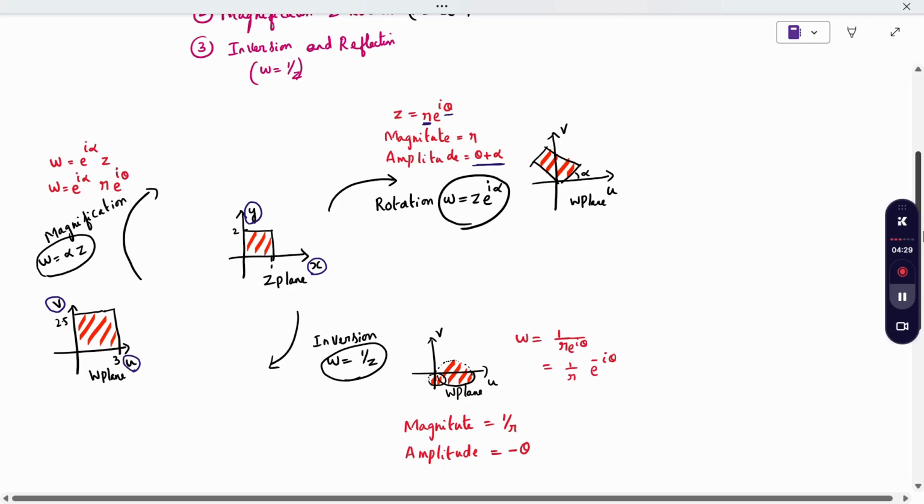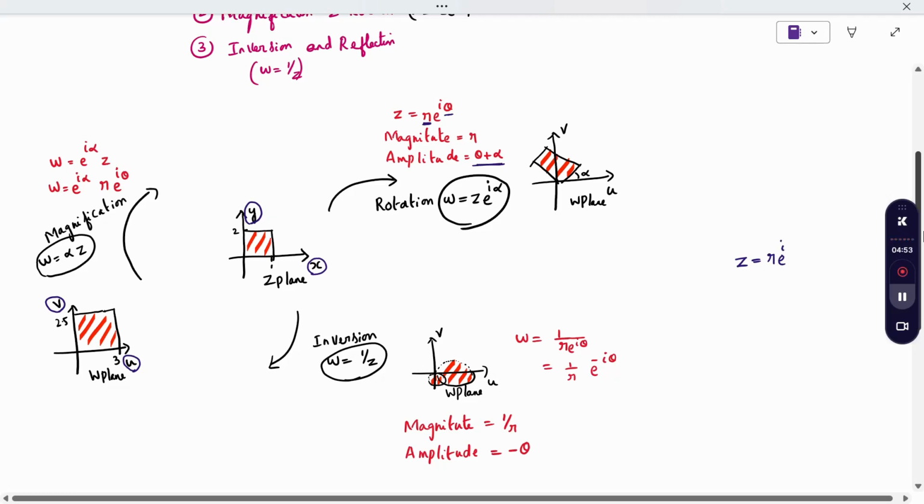Anti-clockwise. The third classification is inversion. Inversion means W equals 1 by Z. We already know Z is R into e to the power i theta, which you have heard in polar form.